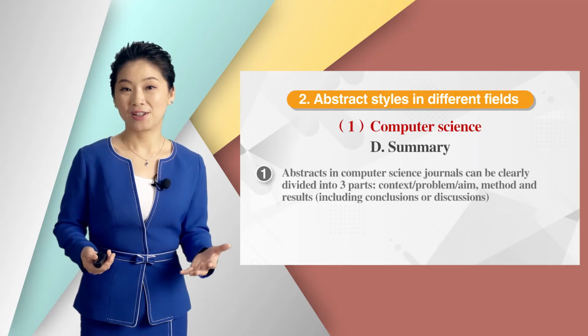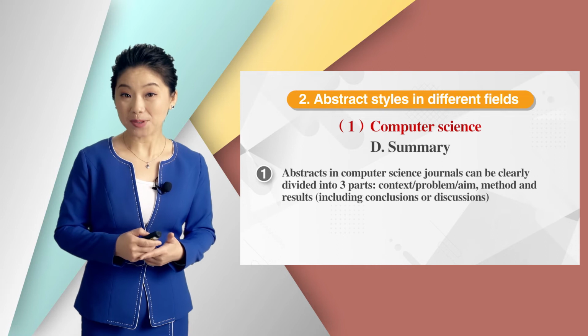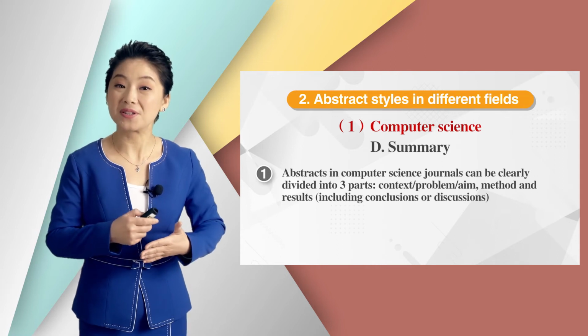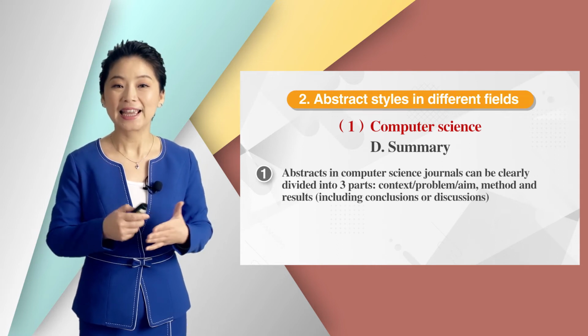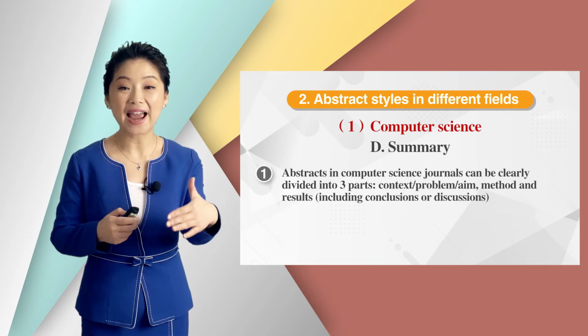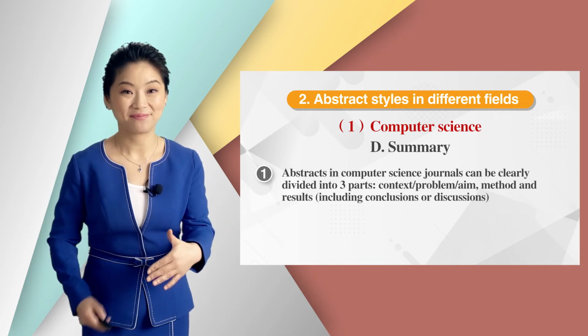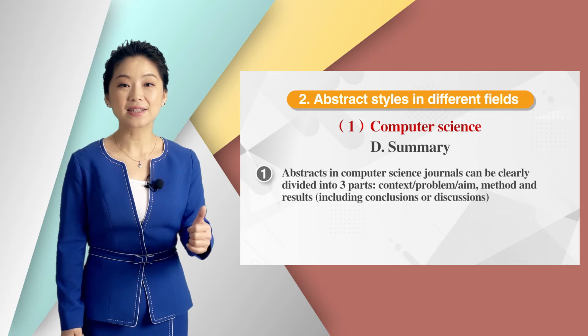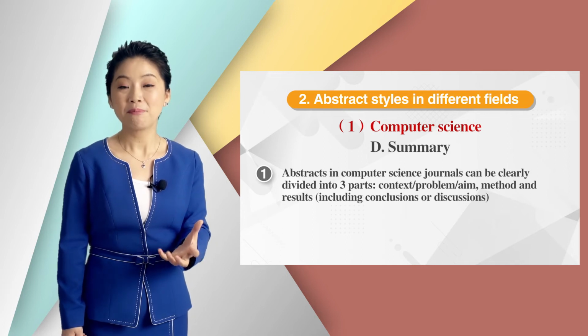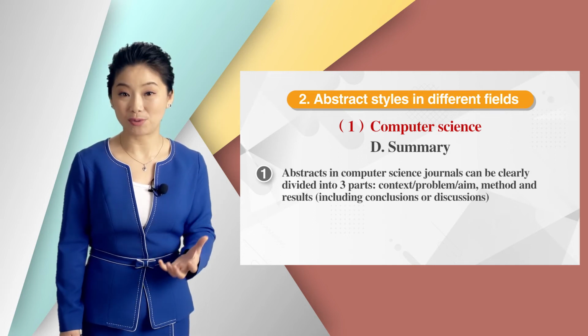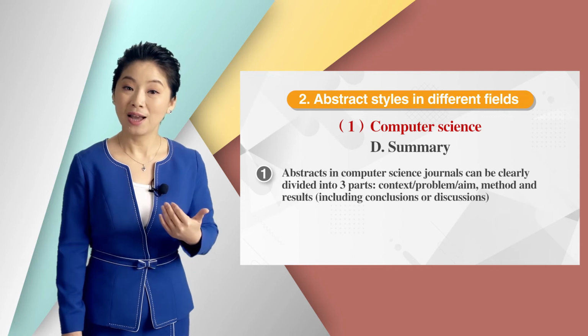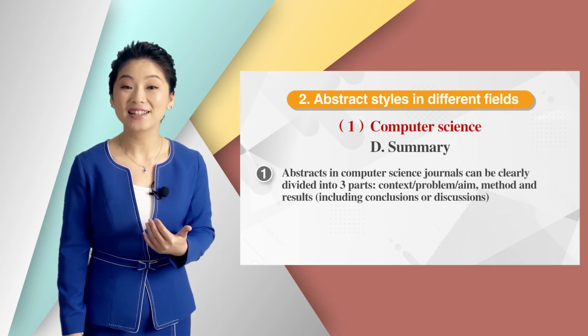Generally speaking, first, abstracts in computer science journals can be clearly divided into three parts: context, problem, aim; method; and results, including conclusions or discussions.